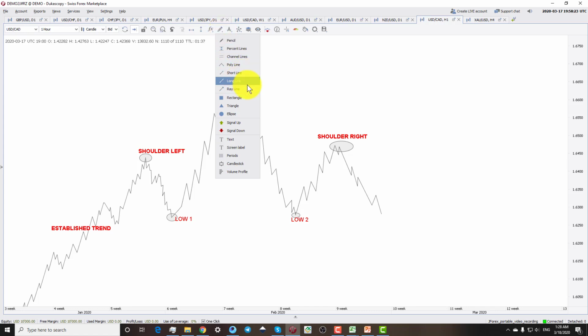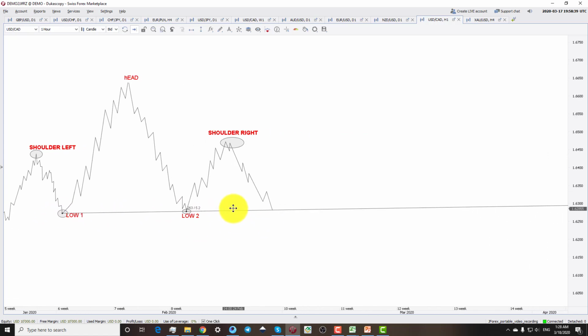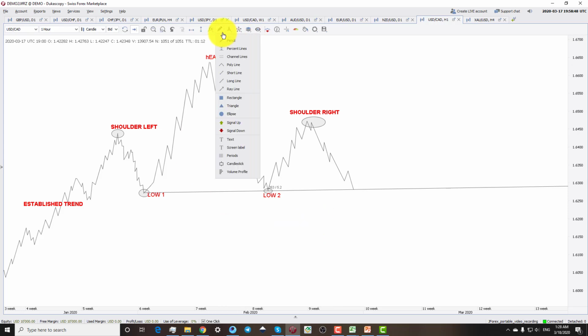Otherwise, you can simply draw a line by joining these two, or you can draw a ray like this, joining these two and extending it on the right side, and this will be termed as a neckline. This line here will be termed as a neckline.